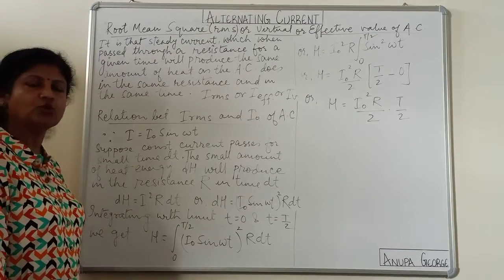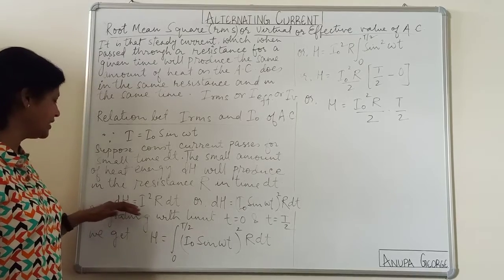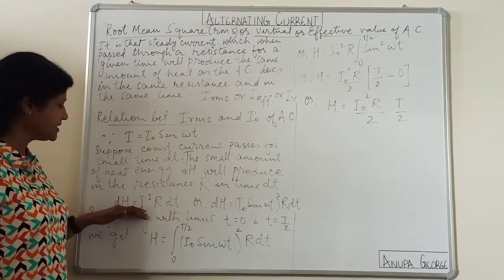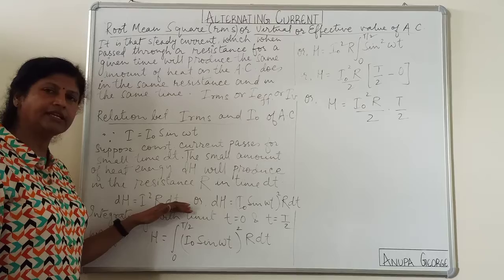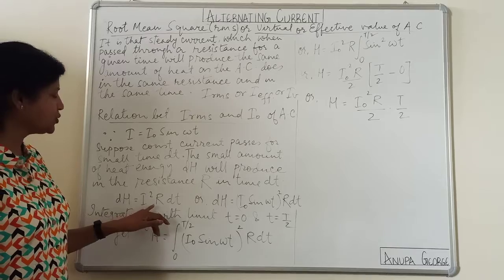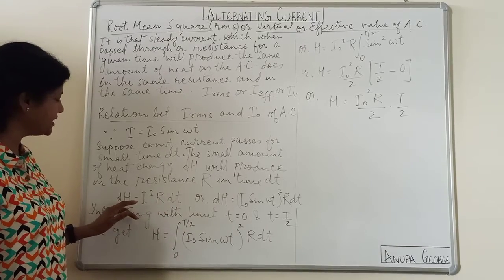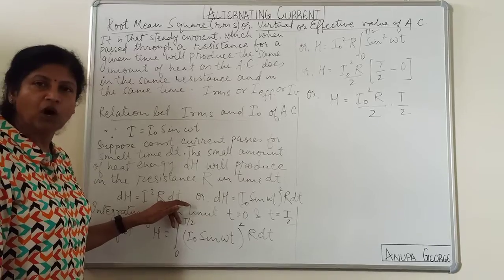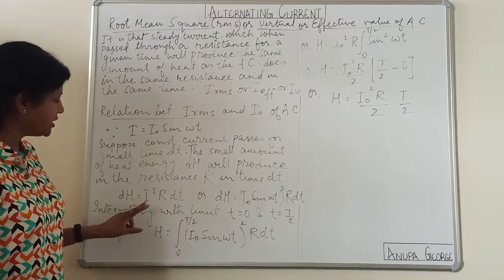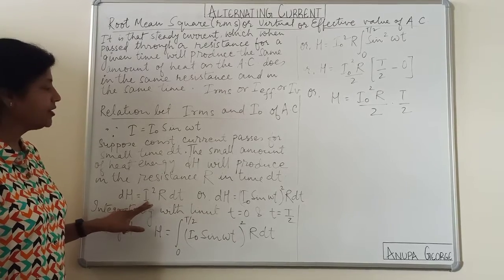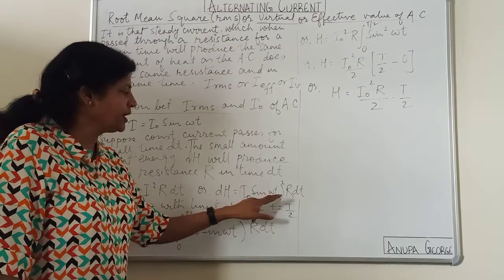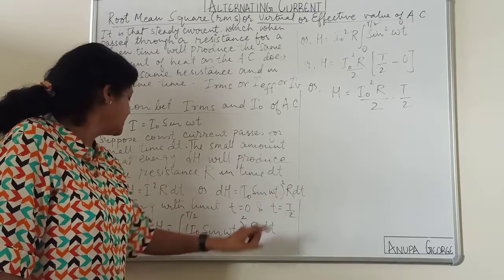So, using Joule's heating effect, we can write dH for a small amount of heat energy, dH is equal to I square R dt, a small amount of heat energy for a smaller interval of time. So substituting the value of I, we get dH is equal to I naught sine omega t whole square R dt.